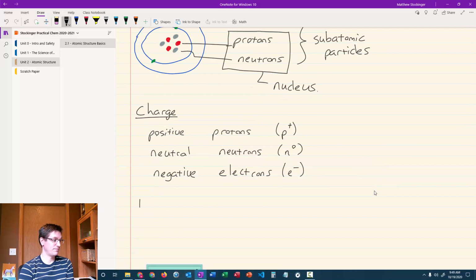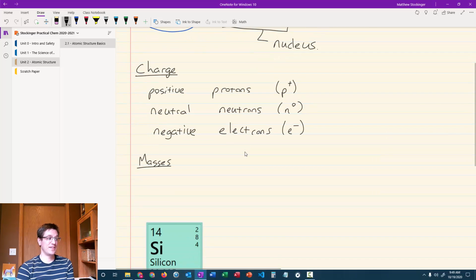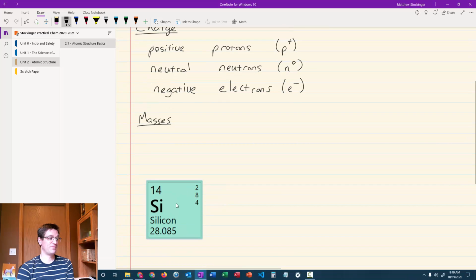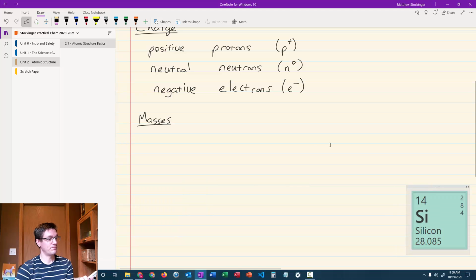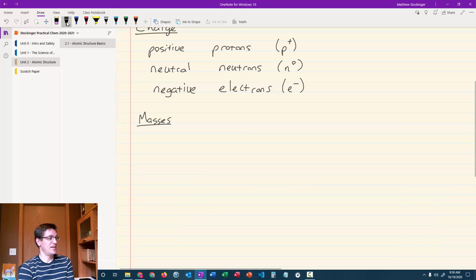Masses. The heaviest particle in an atom is the neutrons. Let's get this out of the way. My goodness, all sorts of computer trouble here. In fact, I'm just going to delete that for now. Heaviest is the neutrons.